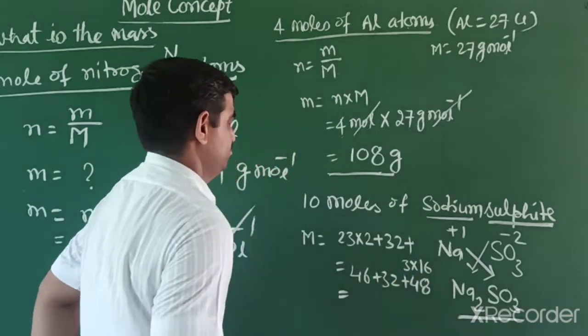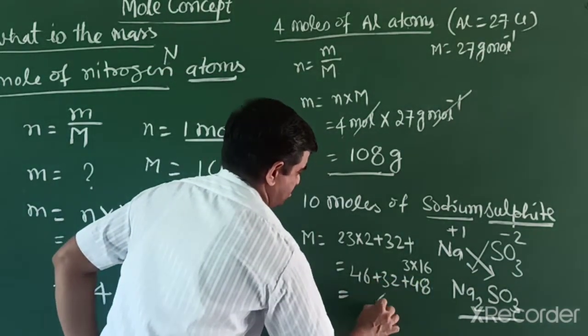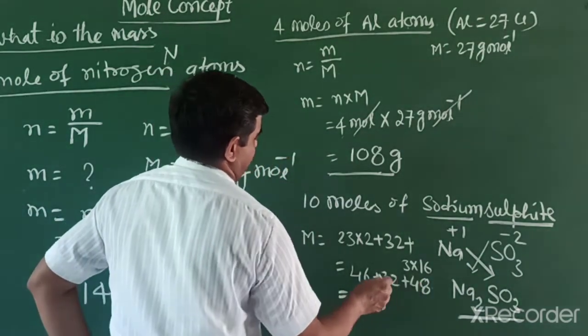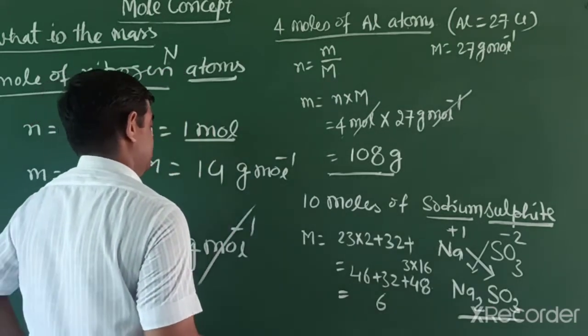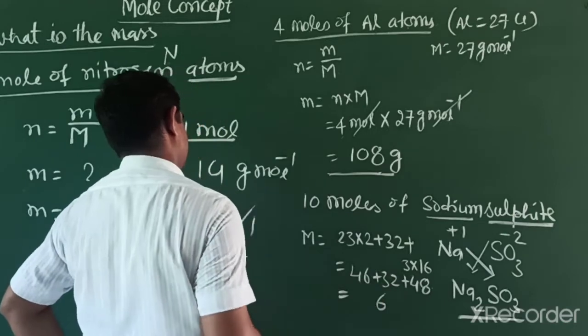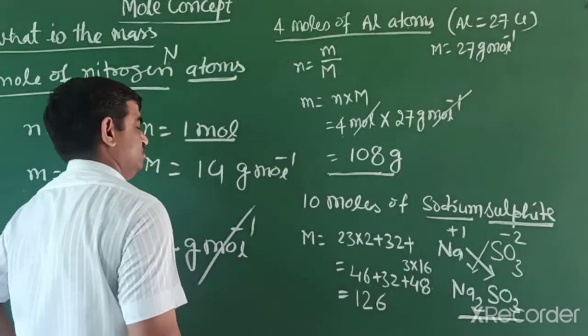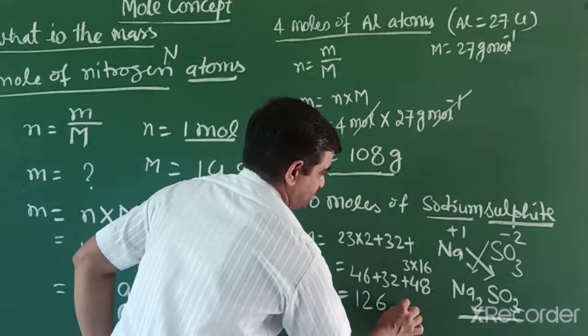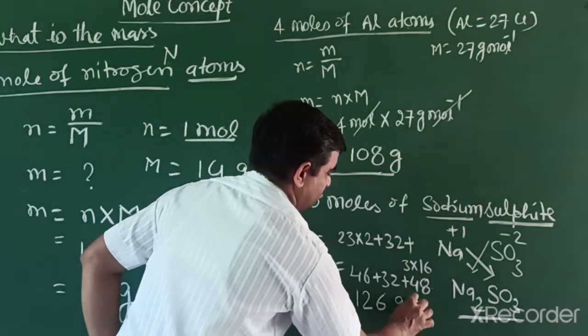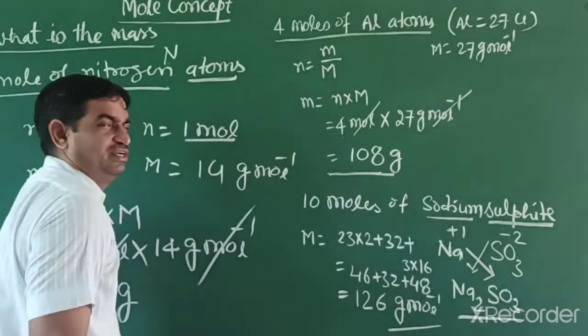In this way, if you combine, you get 126. If you write gram mole inverse, that is the molar mass, 126 gram mole inverse.